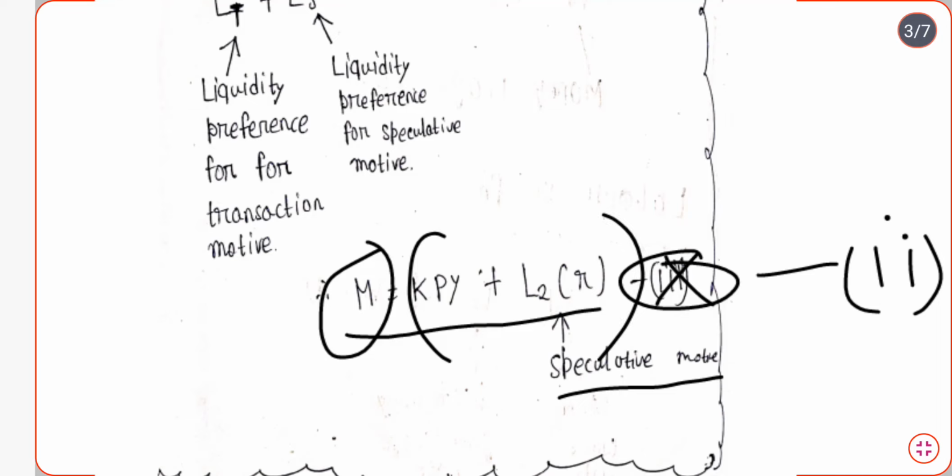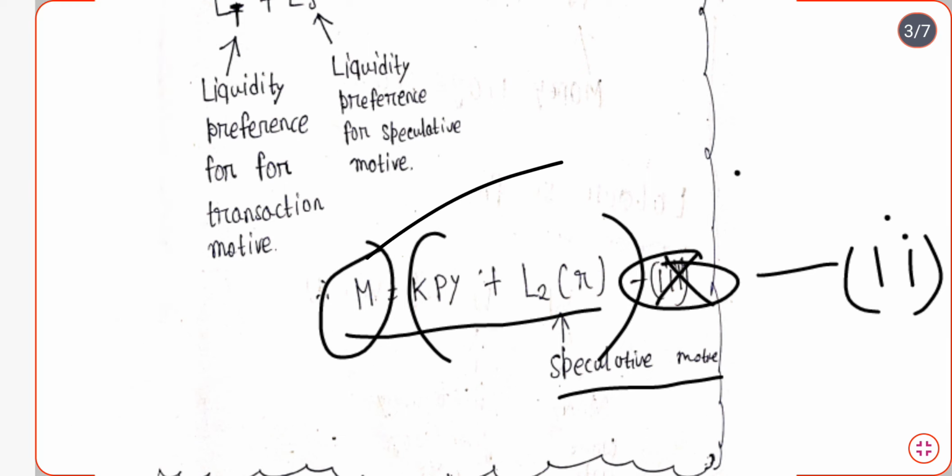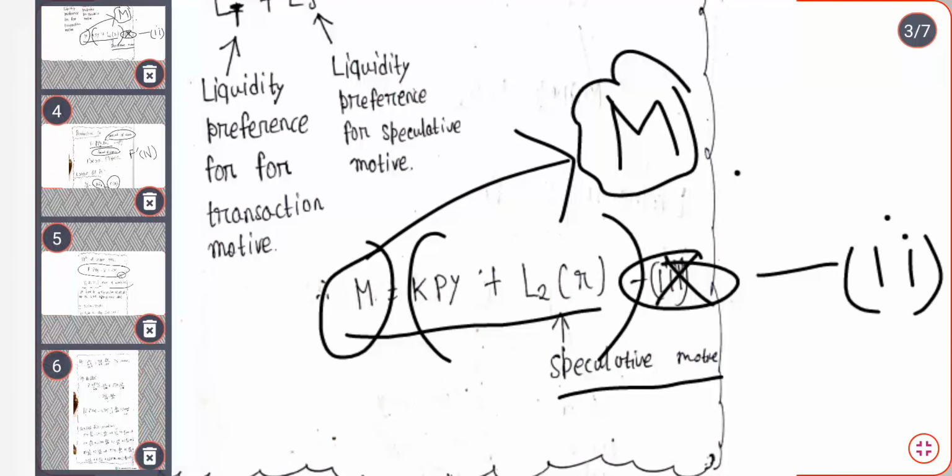Money supply and money demand equate, and we get the money market equilibrium. So we will differentiate all four equations with respect to M. This will be our base.